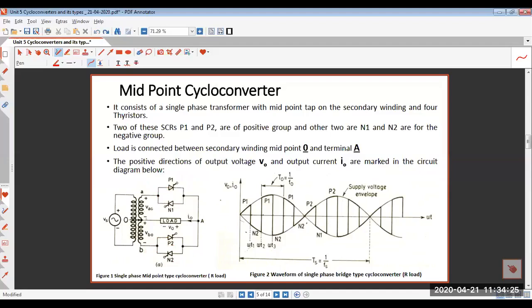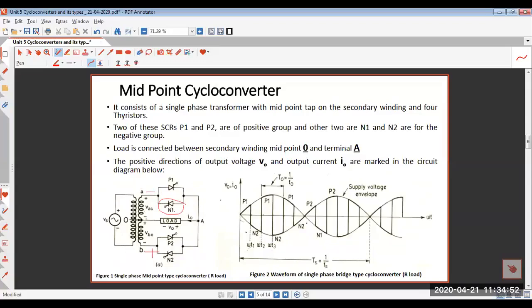Now, that means for positive half cycle, P1 from this pair of SCRs and N2 from this pair of SCRs can conduct because they both are forward biased. Similarly, for negative half cycle, A will be negative and B will be positive.